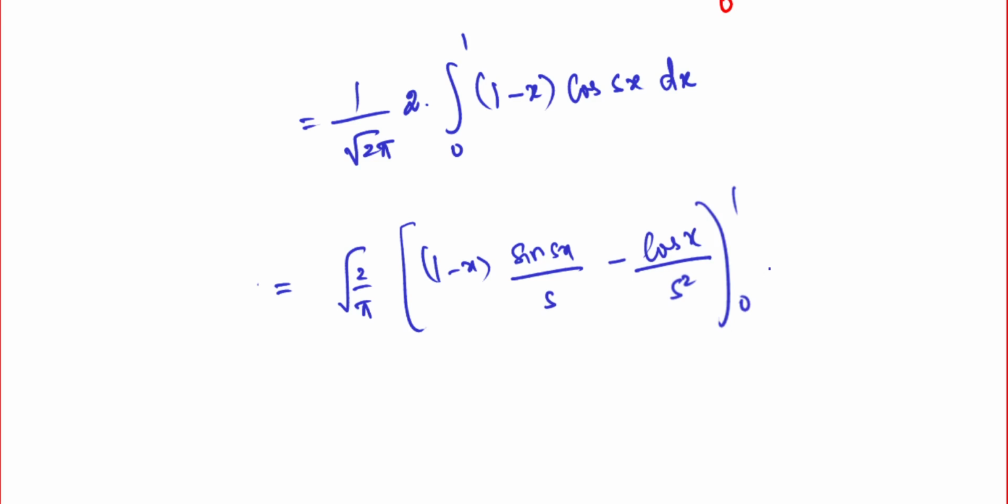Substitute the limits, and hence finally you will get square root of 2 by pi into 2 sine square (s by 2) divided by s square. Sorry, this is the problem if you copy and paste. It is (1 minus cos s) divided by s square. Okay, good. So that was the answer.